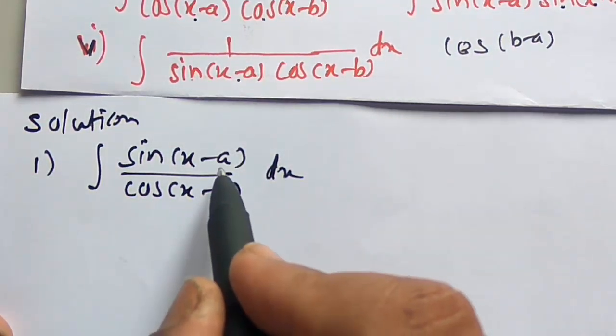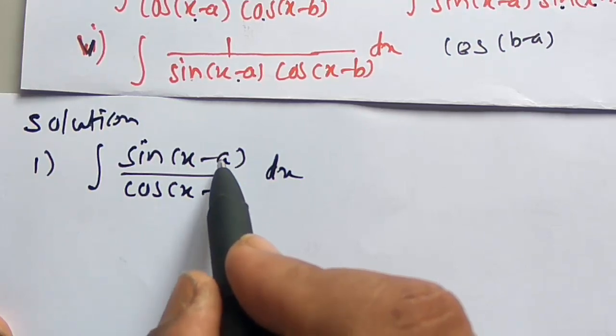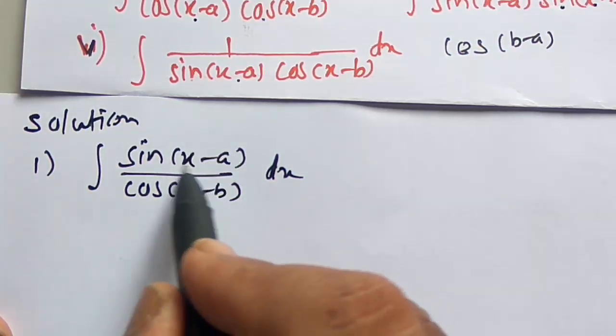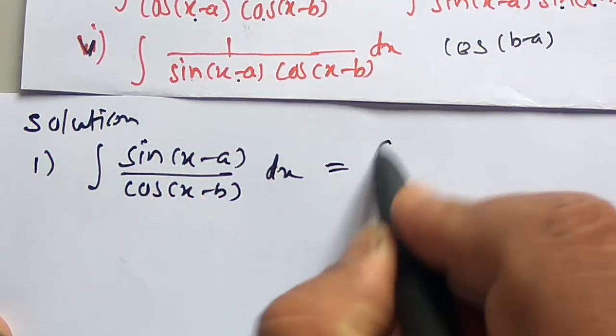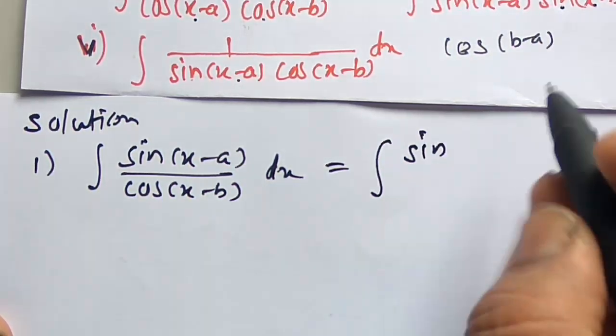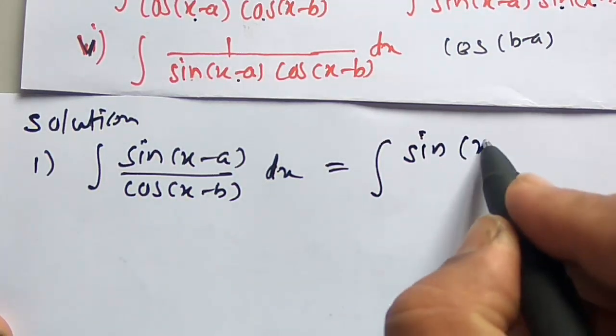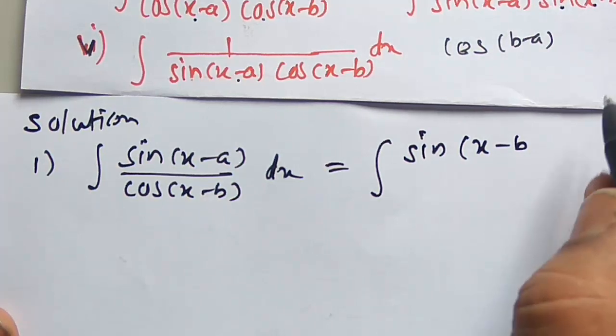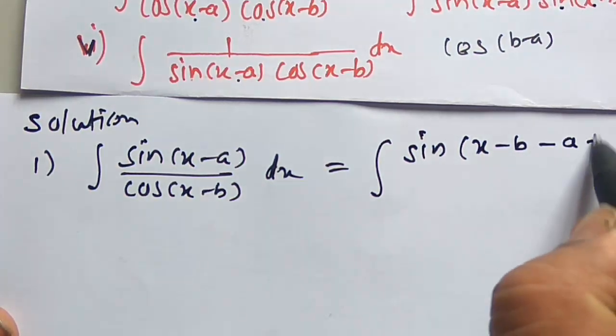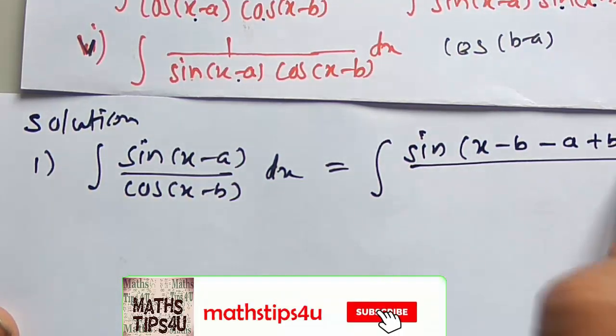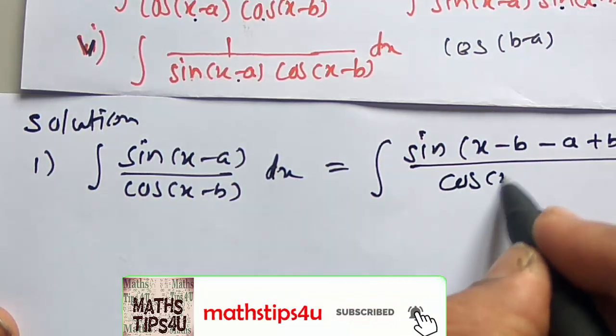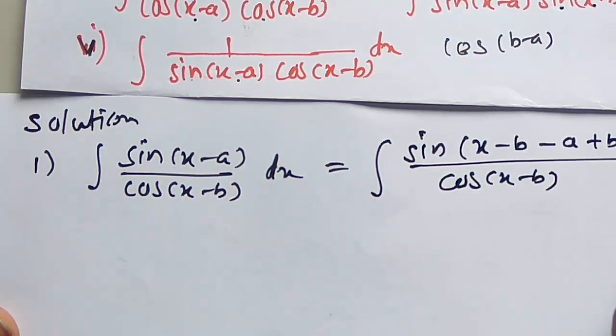Here I add b and subtract b in the argument of the sine function. So, this is equal to integration of sine of (x minus b minus a plus b) upon cos of (x minus b) dx.